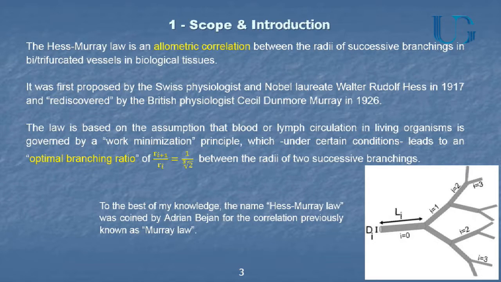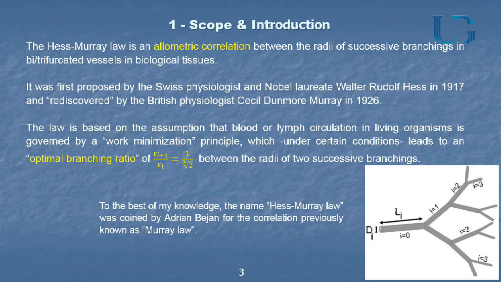1926. The law says, on the basis of some considerations that we will develop later, that the radius of the smaller branch divided by the radius of the larger branch, the parent branch, is always equal to 1 over the cubic root of 2, which is something like 0.79.